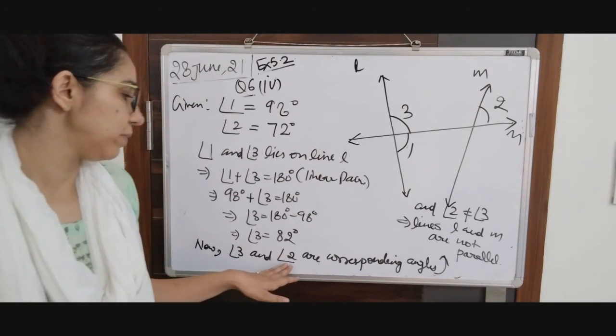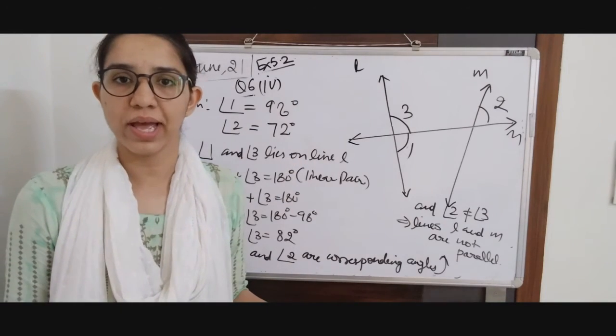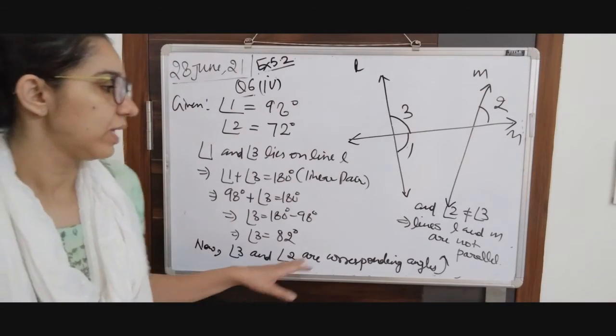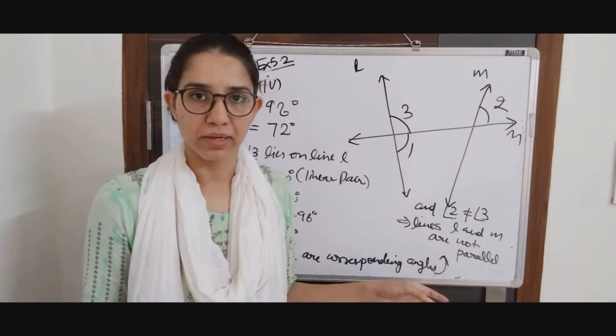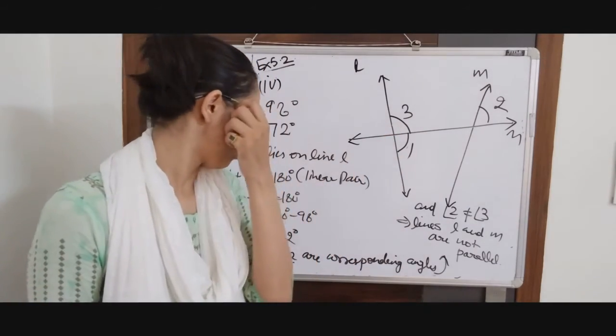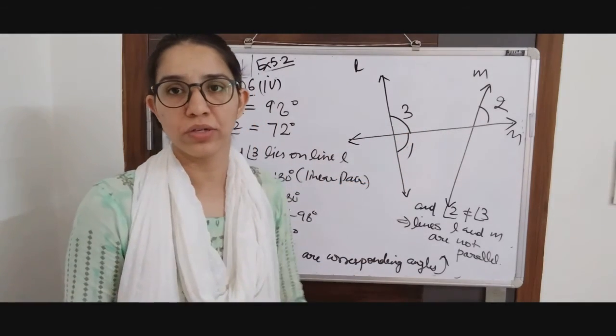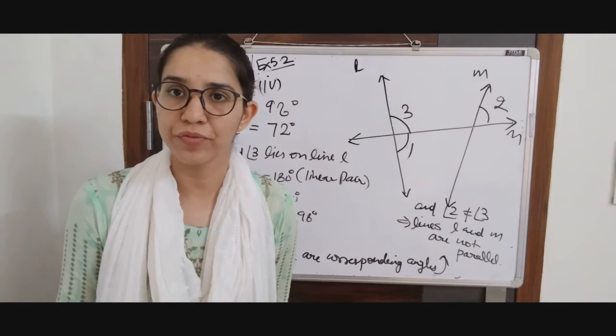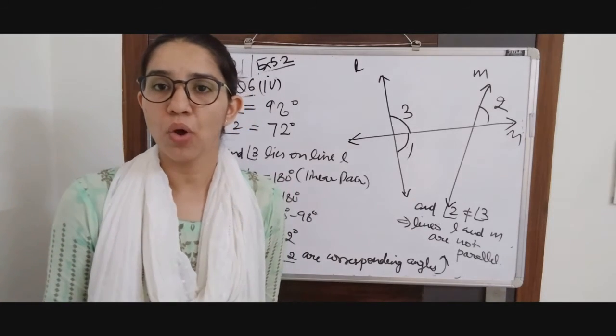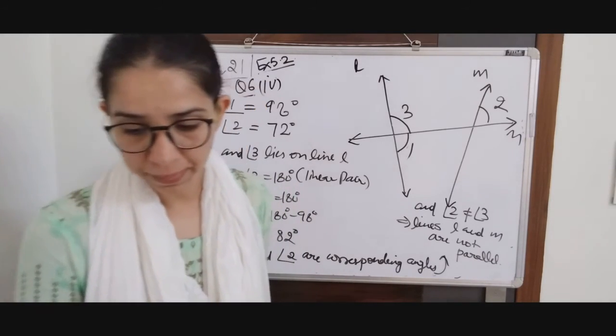Had angle 3 and 2 been equal, the lines would have been parallel, but this angle is equal to 82 and the angle given to us, angle 2, is 72 degrees, which are not equal in measure.